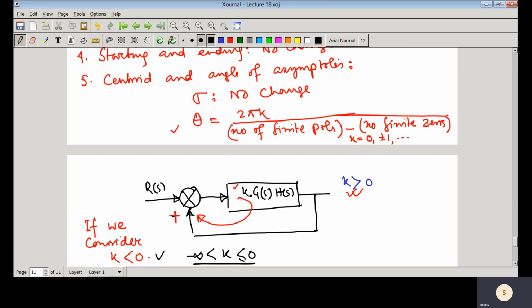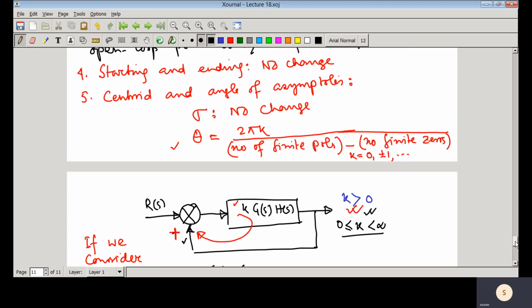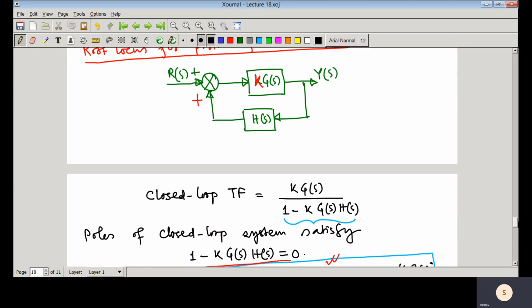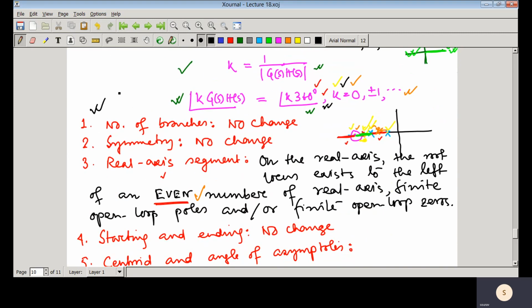In that case we can say that minus of k is varying in positive range, that is k less than infinity and greater equal to 0, with a negative sign, and if we bring that negative sign here, that would be basically positive feedback. And once it is positive feedback, we know what would be the root locus with positive feedback. That means we can apply those rules that we have discussed, and we can draw the root locus. So this is that concept we can apply.